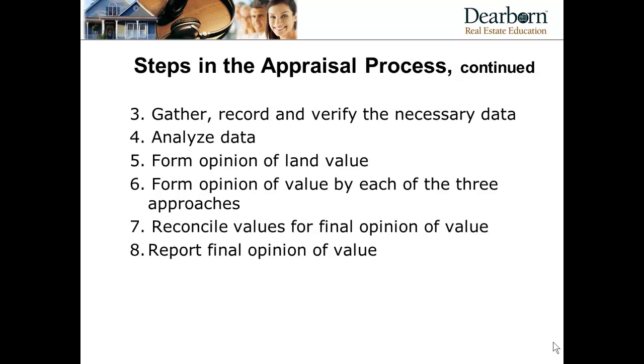Now, step 5, form an opinion of land value. In residential appraising in a primarily fully developed area like the Silicon Valley, it's difficult to find sales of raw or improved tracts without the buildings on them.